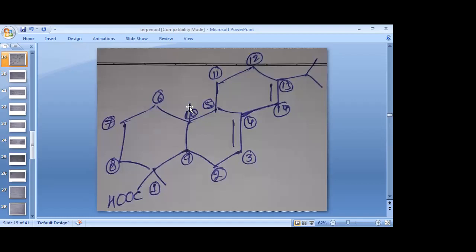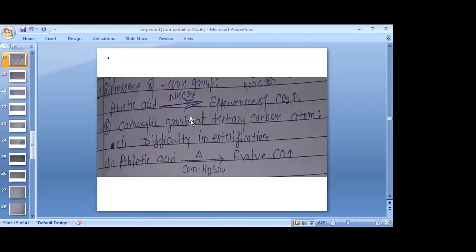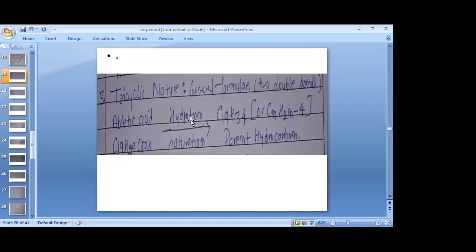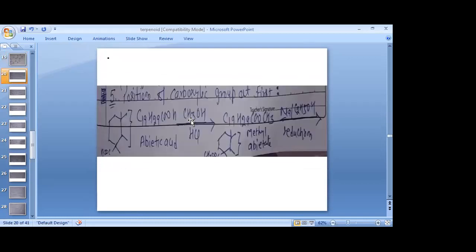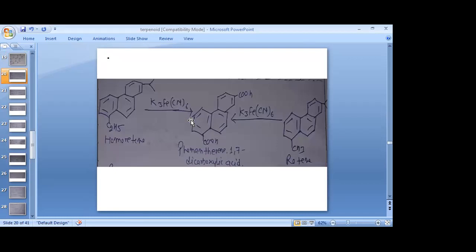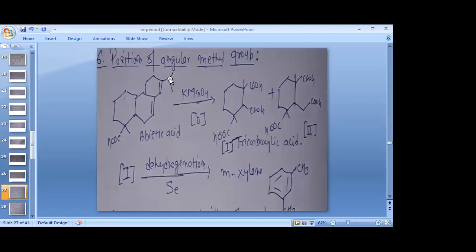It is at the 10th position. So here is the angular methyl group in abietic acid. Now our discussion is on the position of the angular methyl group.